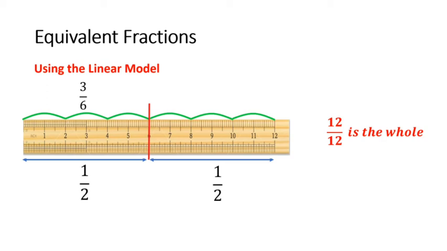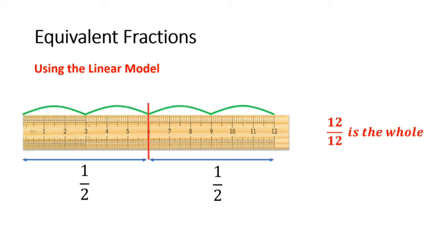Let us look at another arrangement. Suppose if I were to divide it equally into 4 equal parts, then we would have 2 parts on the left and 2 parts on the right.